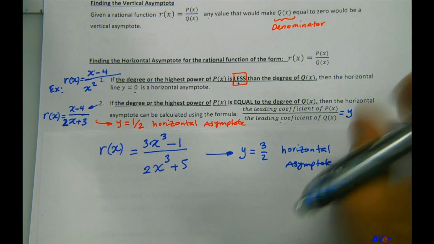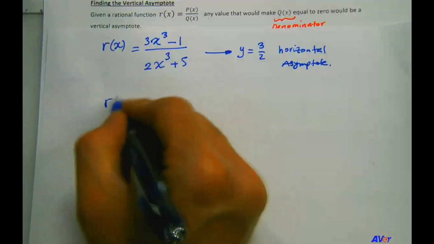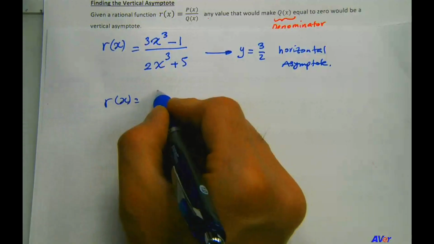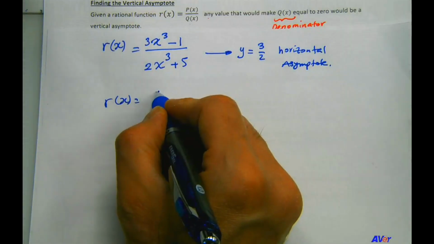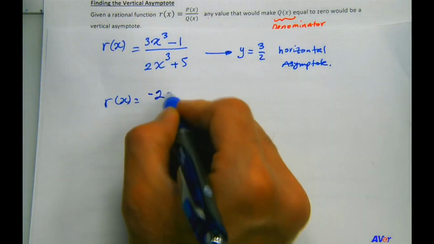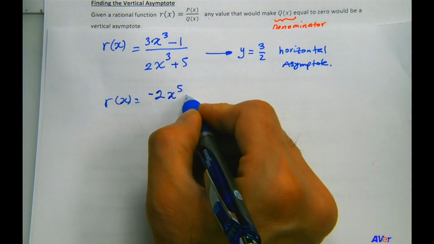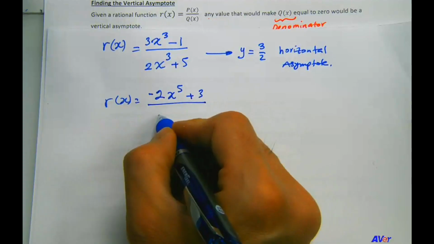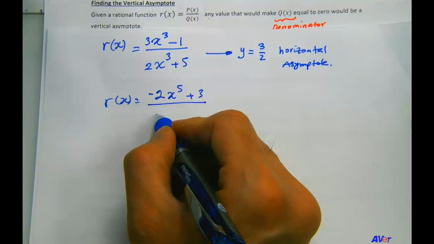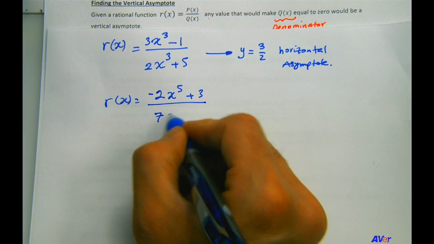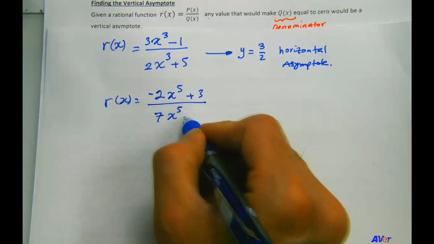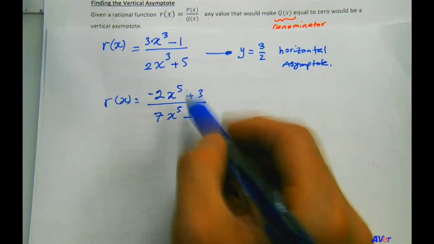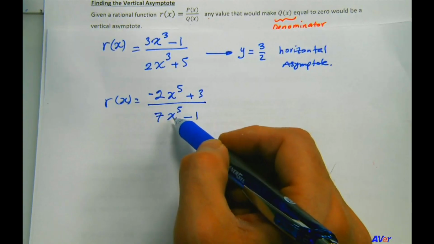Okay? This goes for anything. So just suppose, let me give you another example. Suppose we had minus 2x to the fifth plus 3 divided by 7x to the 5 minus 1, right? Suppose we have this ratio in a rational function.